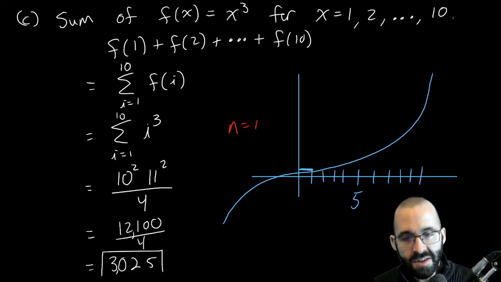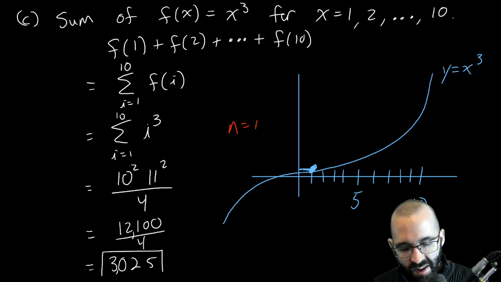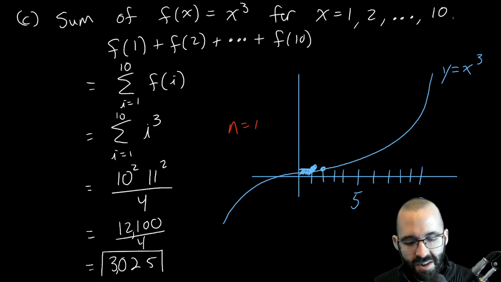And the height of this first guy is the function value at 1, right? The height of this first rectangle is just whatever the function value is. So this is 1 times 1. That's the area of a rectangle. And then over here, this is 2. How high is the function? f of 2, 2 cubed. That's another rectangle. And then the third number was another rectangle.